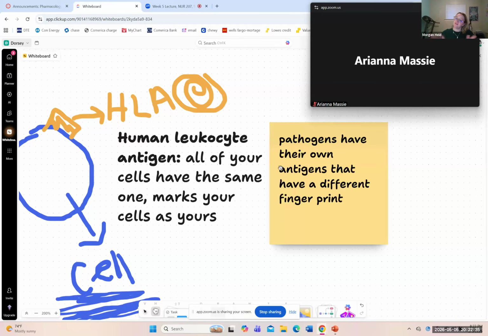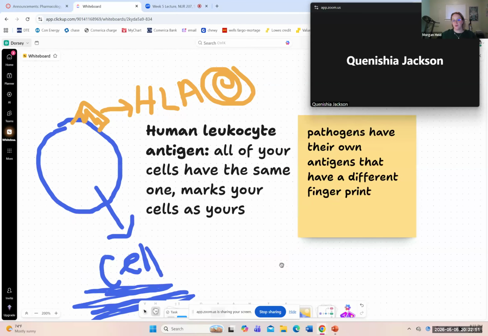When we talk about a pathogen's antigen, it's basically their ID card or fingerprint that tells me they're foreign. Simple enough? So it's the marker or the fingerprint, or their ID card, however you want to think of it.